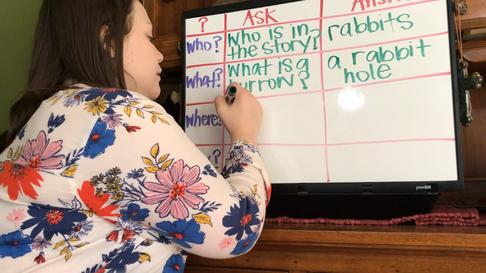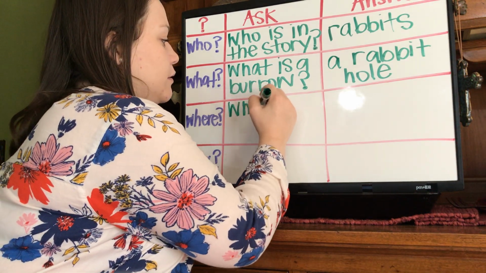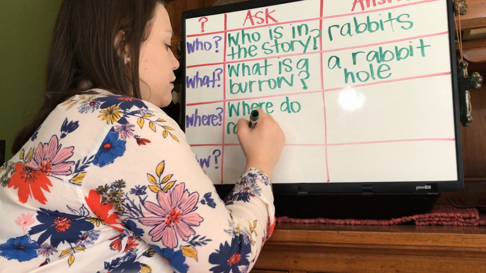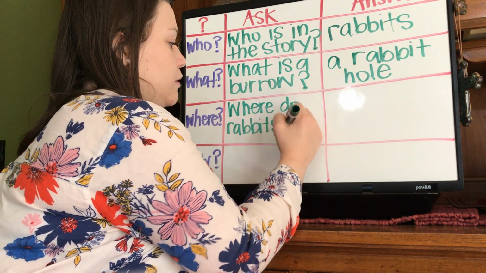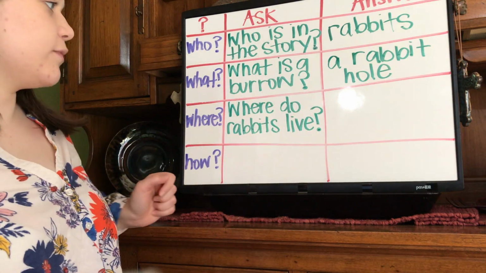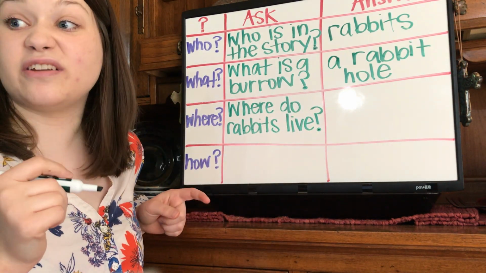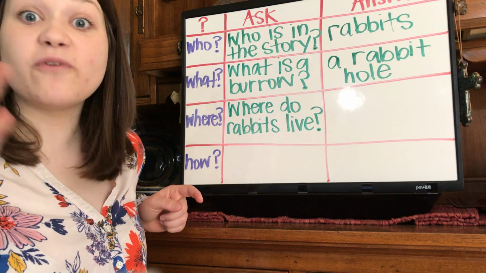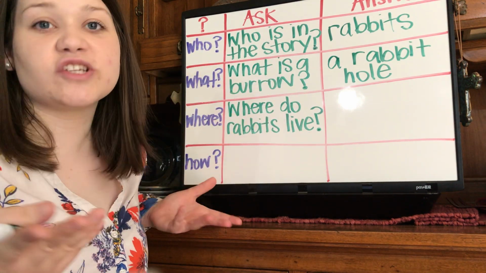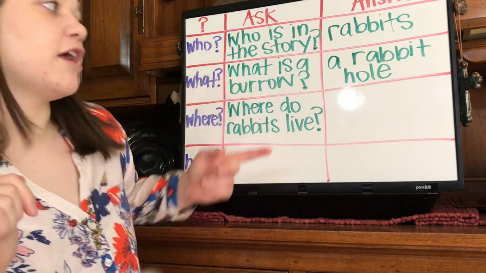So where do rabbits live, with my question mark? And then I found 4 different answers in the text. So you could put all of those answers or just pick 1 or 2, depending on how much room you have.